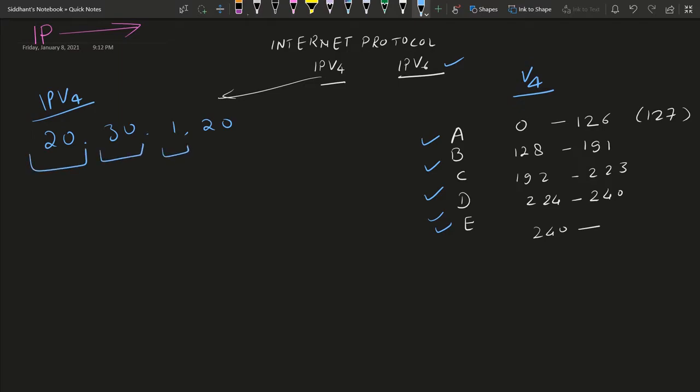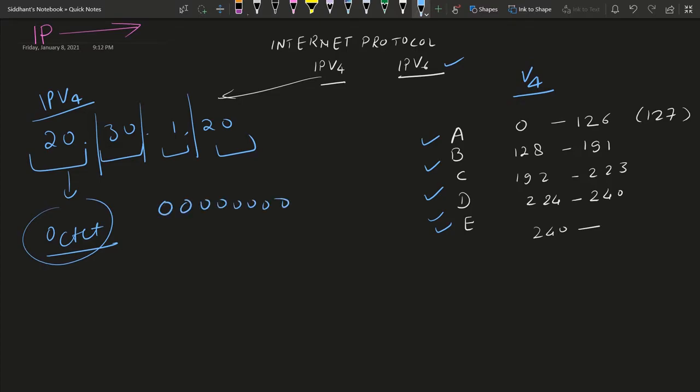There are 4 different categories, you can say. We call these octets. Why do we call them octets? Because they are made up of 8 binary digits. Suppose I start from 0, 0 will be known as this octet.